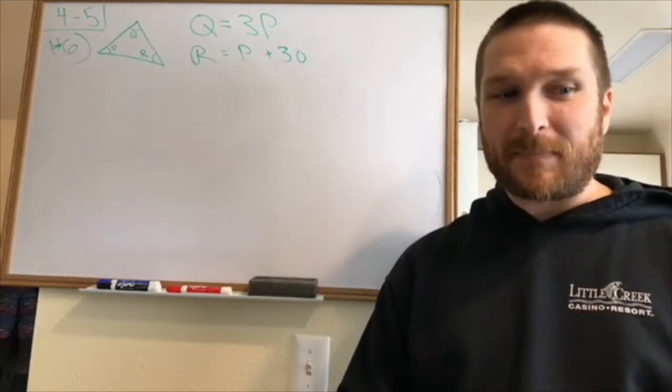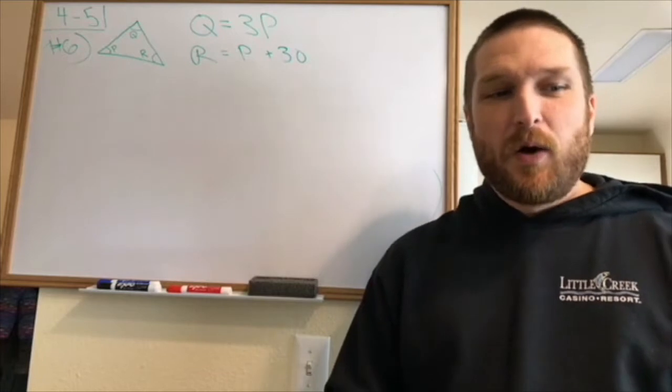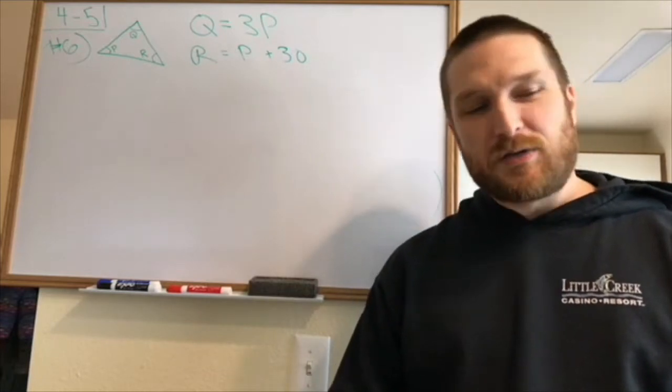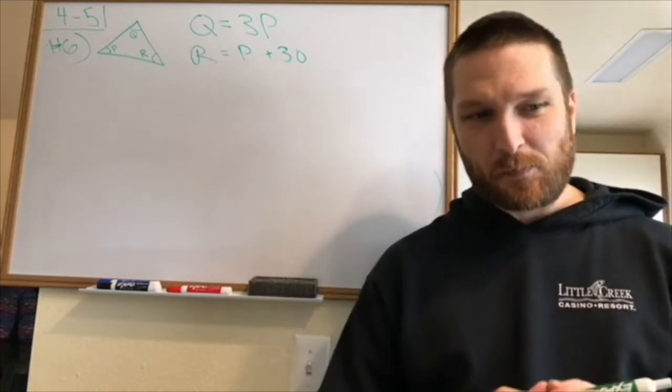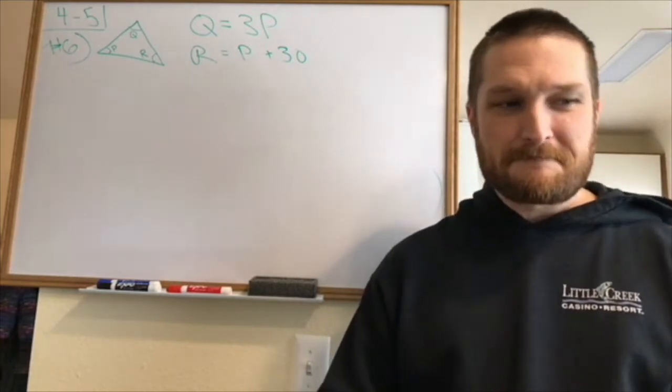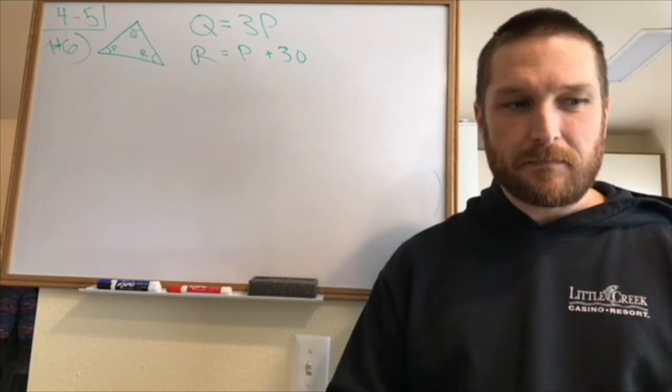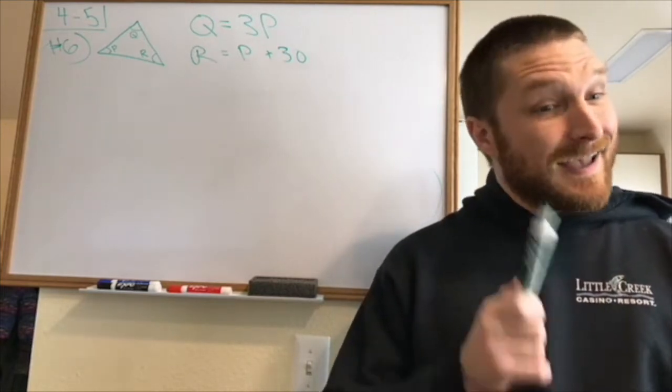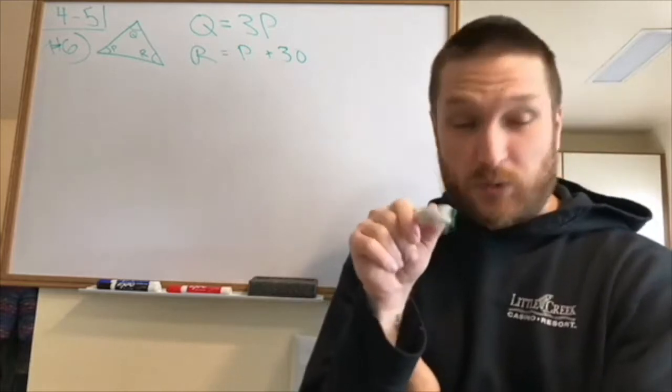It's there. It's in hiding. What is one more equation we could get from this? And if you can't think of it, that's cool because it's part of it. Well, p equals r minus 30. No, wait, no. If you tried that, that would be true, right?